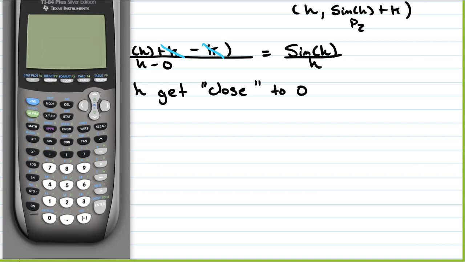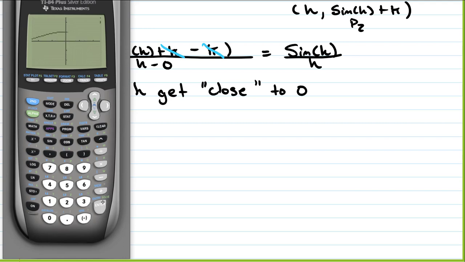So let's go ahead and put this into our graphing device. We go y equals, let's clear this out, and we're going to go with the sine. Our calculator doesn't know h's, so we have to put in x: sine x, divided by x, as a fraction. If we look at the graph, we get something that looks like this, but let's zoom in a little bit.